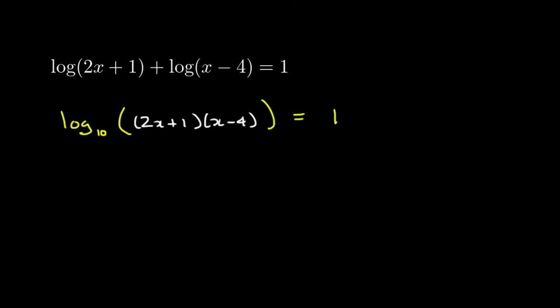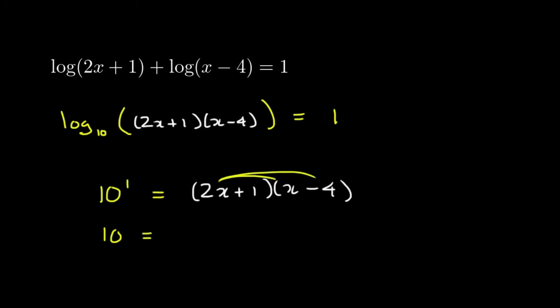And by doing that, just like our previous examples, we can now go to exponential form, where we have a base 10 exponential raised to this number 1 as a power, must be equal to 2x plus 1 multiplied by x minus 4. Of course, we can clean this up. That's just 10 on the left-hand side.